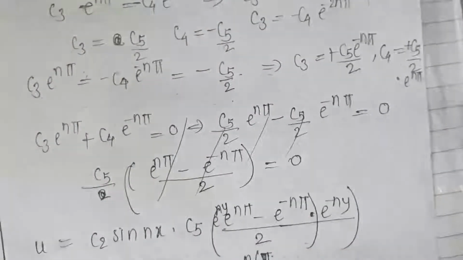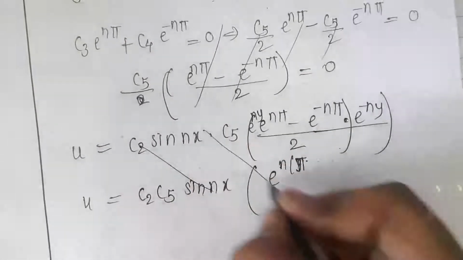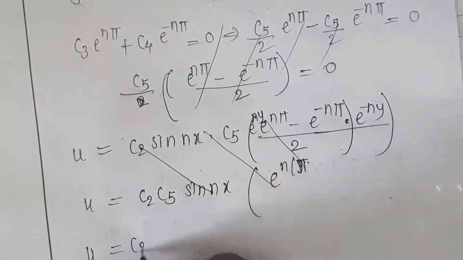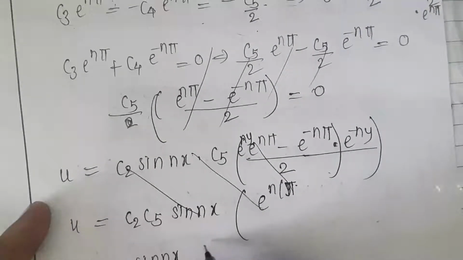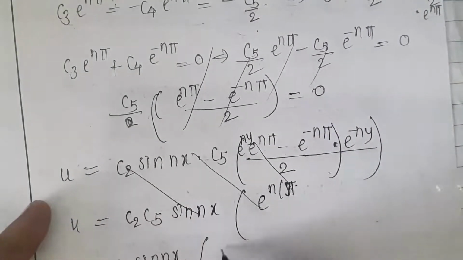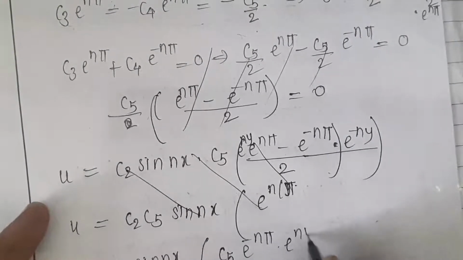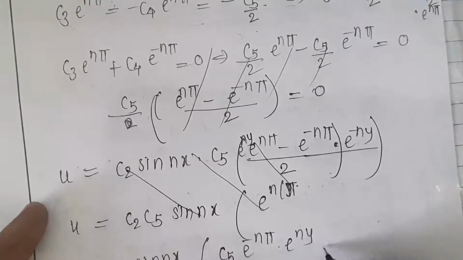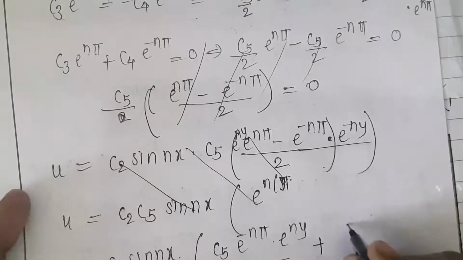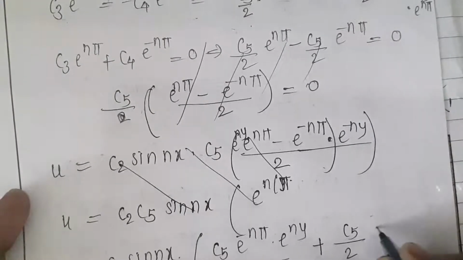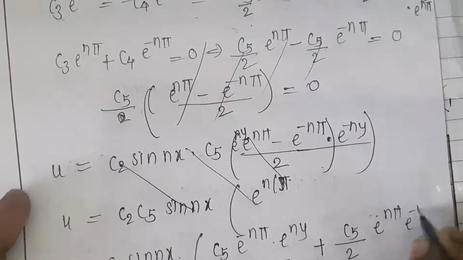So substituting here, u becomes, this I cancel out, u is equal to C2 multiplied by sin nx multiplied by C5 e to the power minus n pi into e to the power ny divided by 2, minus, plus C5 divided by 2 into e to the power n pi into e to the power minus ny.